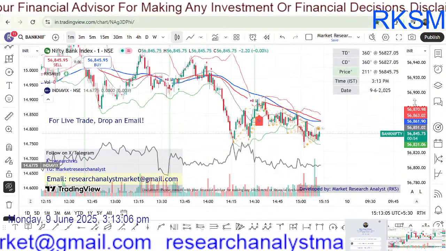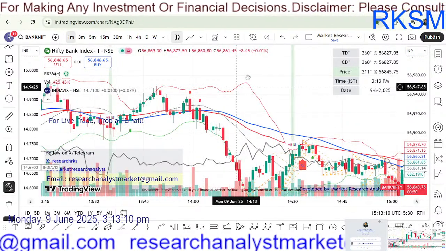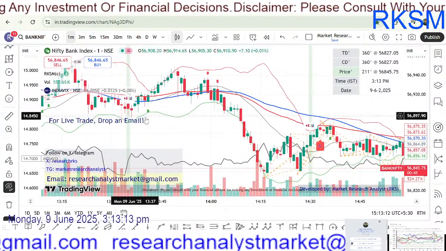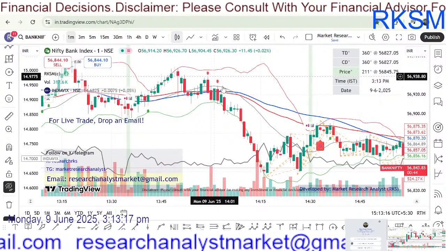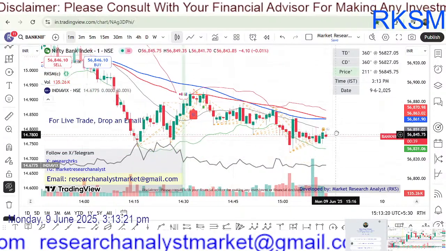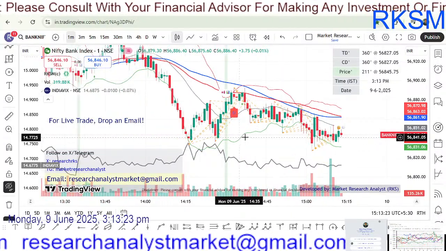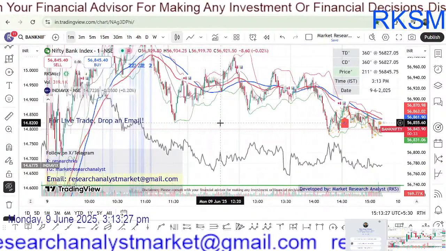If I expand this a little bit, you can see these symbols. Whenever an opportunity comes, our model pops up and notifies you. Whenever a new opportunity comes, it will show you the mark. So that's it to demonstrate.